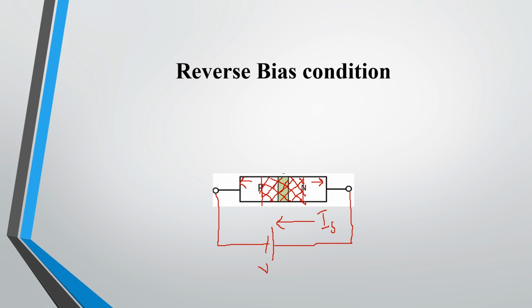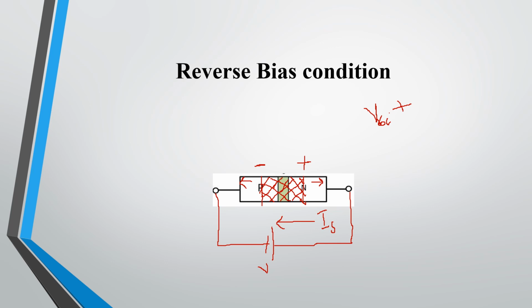Okay, now from the point of view of barrier potential, we have a negative fixed charge on the P side and positive fixed charge on the N side. As you can see here, we are applying the negative terminal to the P side and the positive terminal to the N side. VBI is the barrier potential, and V is the external voltage.